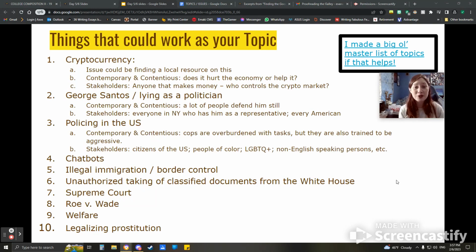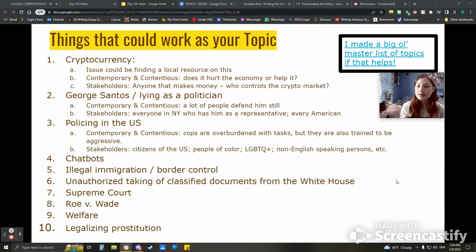Stakeholders, everyone in New York who has him as a representative. So people who are in his district are extremely affected by him, but in the broader scope, it also affects every American. So we kind of talked about this in section 19, but just because George Santos did it, who's to say that other people wouldn't do it?